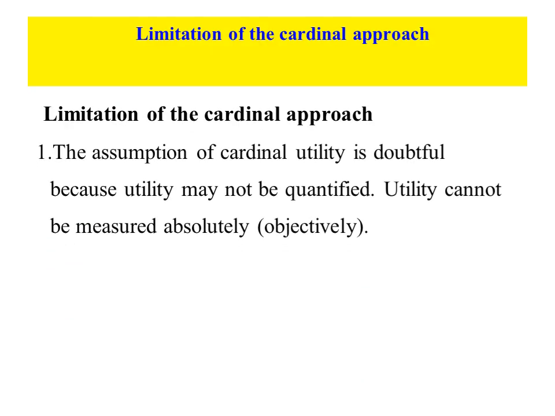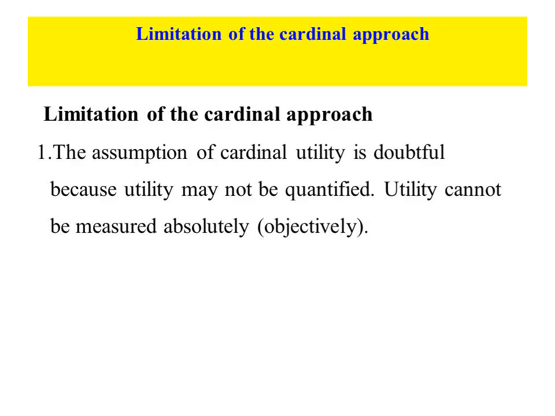Now let us come to the limitation of the cardinal approach. We have discussed two types of approach or theories regarding utility. The ordinal utility theory says utility is not measured, but we can order it.